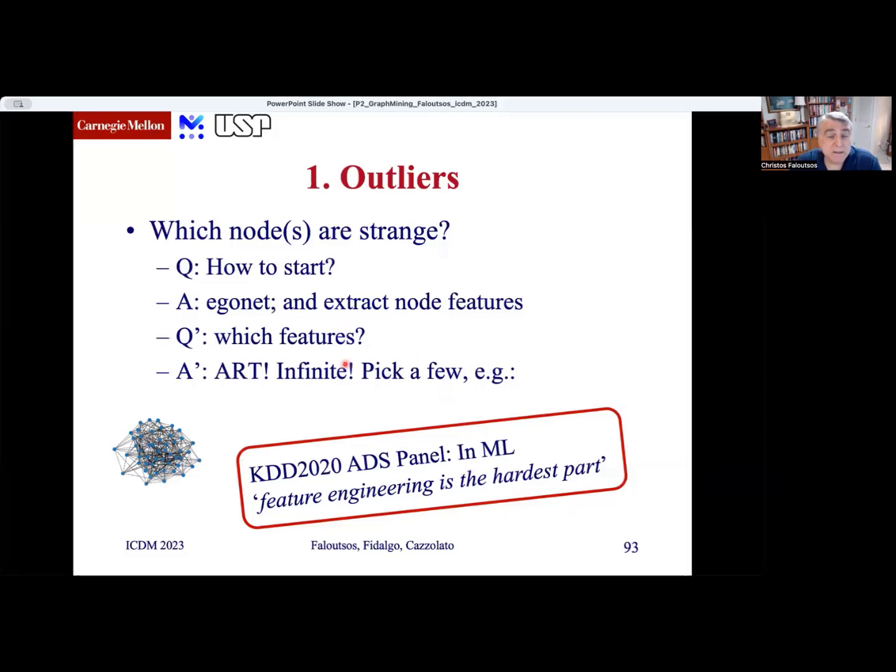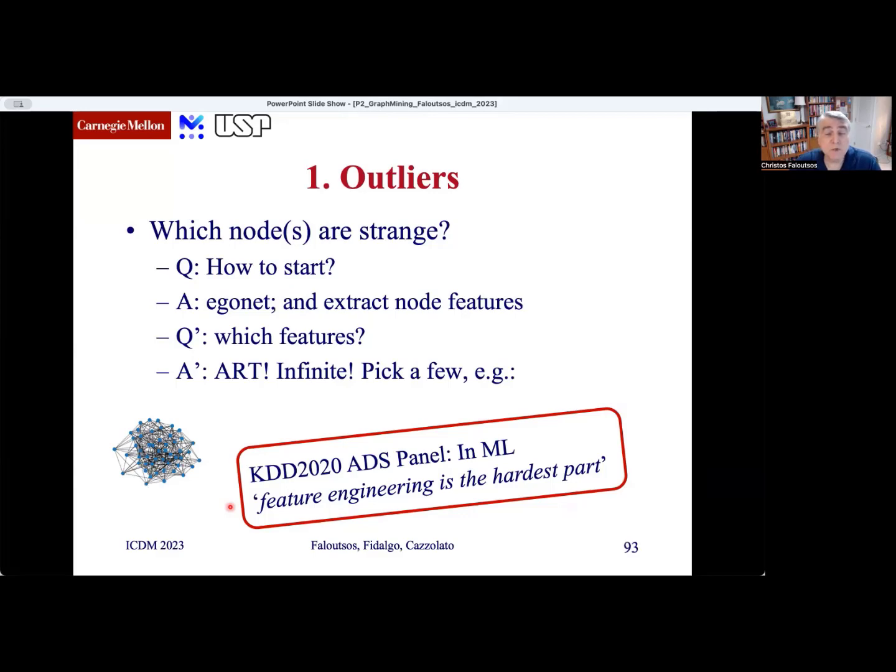And as we said, the features we can extract are literally infinite, and it's an art which features to extract. We can pick a few, and actually feature extraction is one of the hardest problems in machine learning, as was said in the applied data science panel a few years back at KDD.